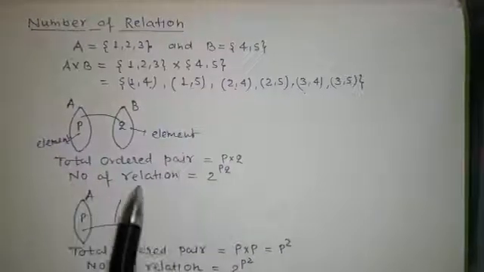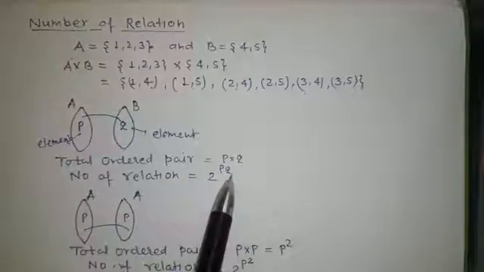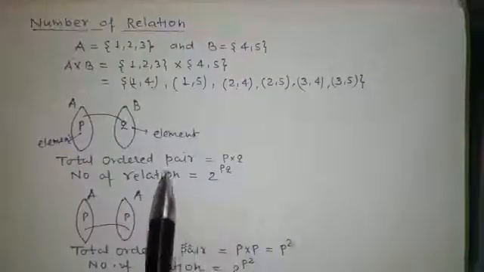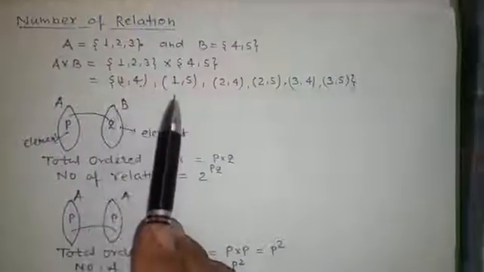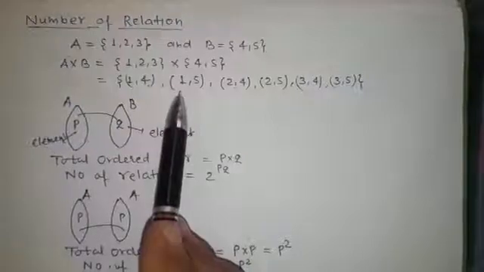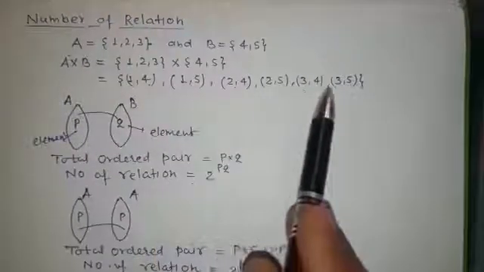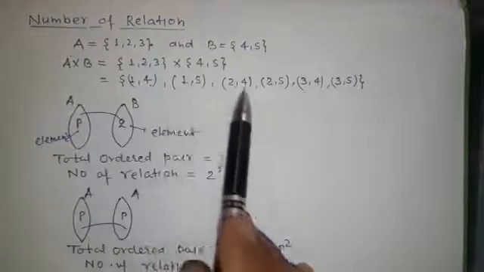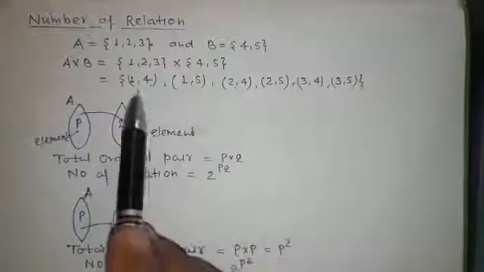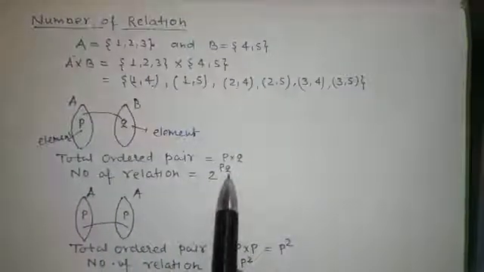So the number of relations is equal to 2 power PQ, because you know that every subset of A cross B is a relation. So if you make the subsets of this set, then you get 2 power PQ.